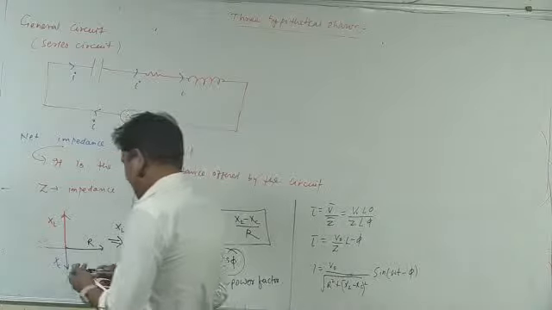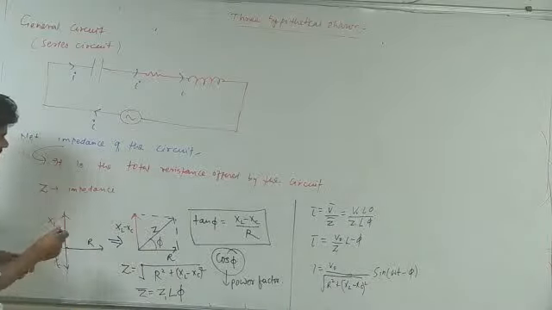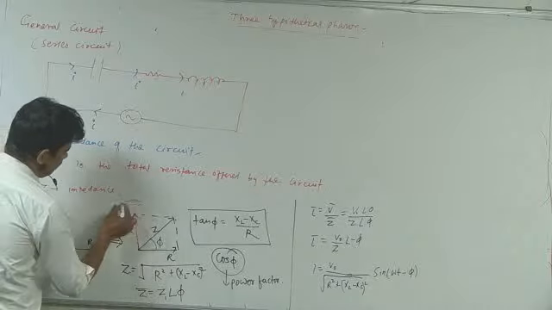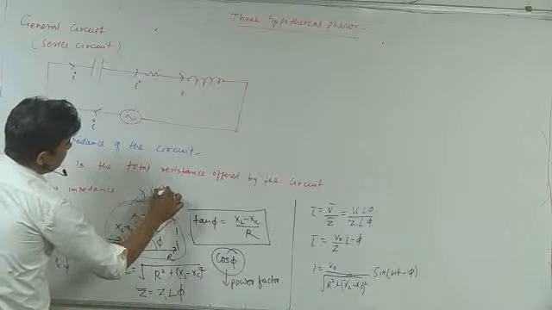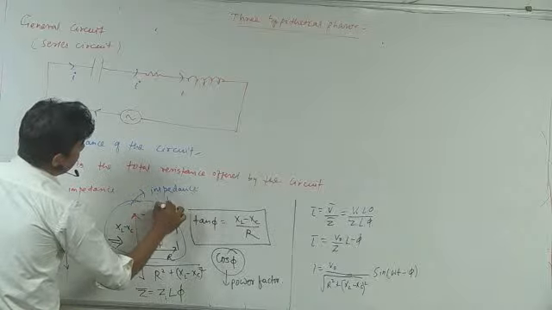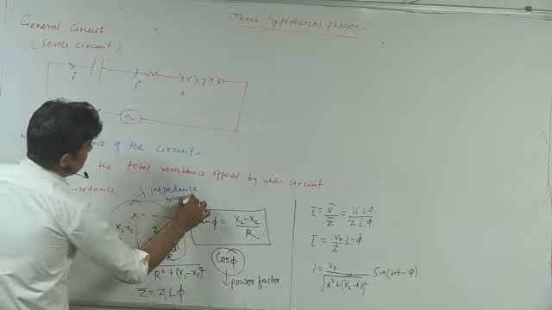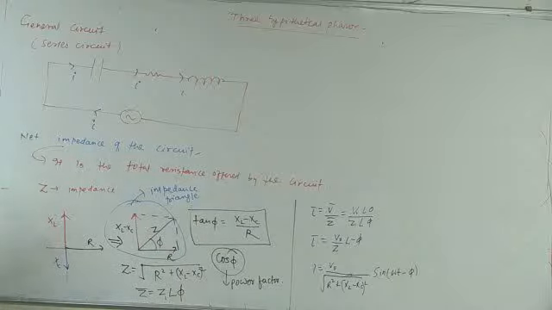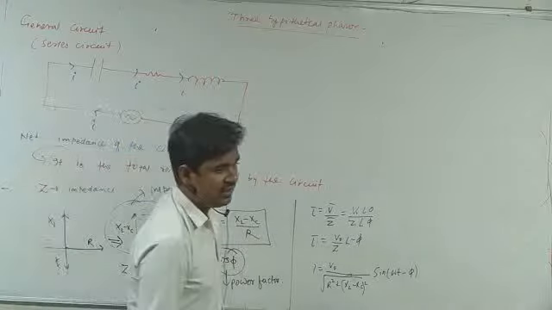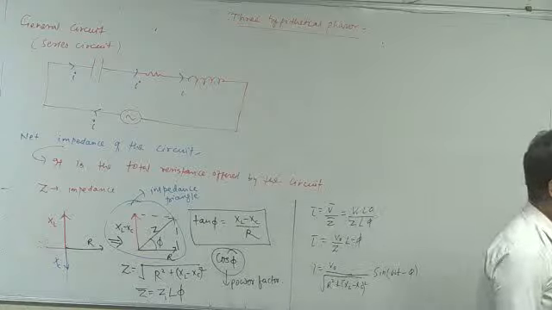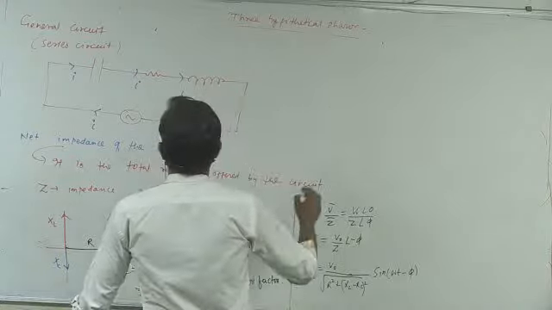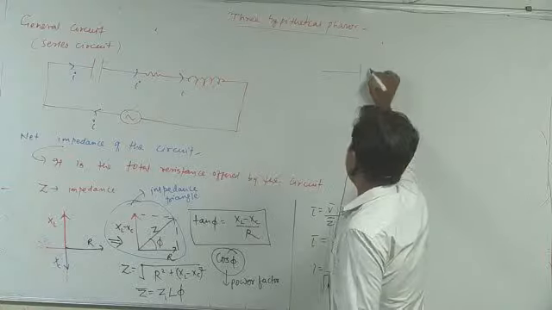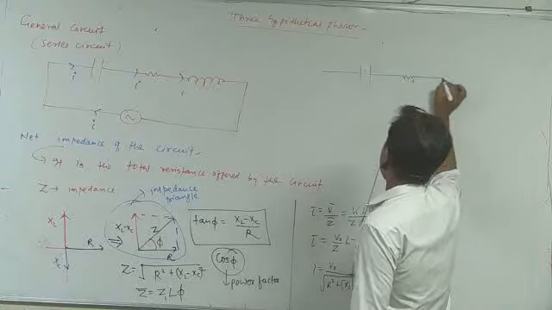This triangle that you see here, this triangle is known as which triangle? Impedance triangle. We say it is an impedance triangle, because with the help of this triangle we are able to find the impedance of the circuit.